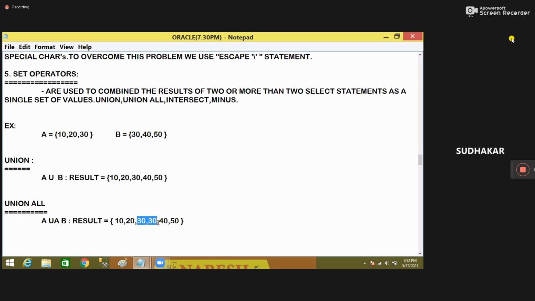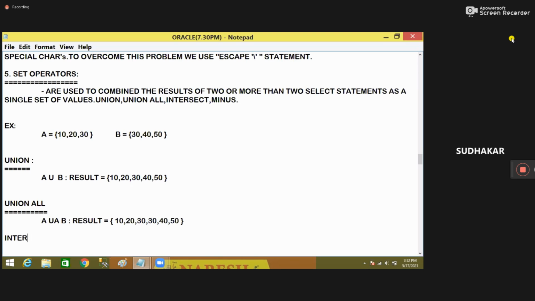The difference: union combines two sets of values without duplicates, and union all combines two sets of values including duplicates.